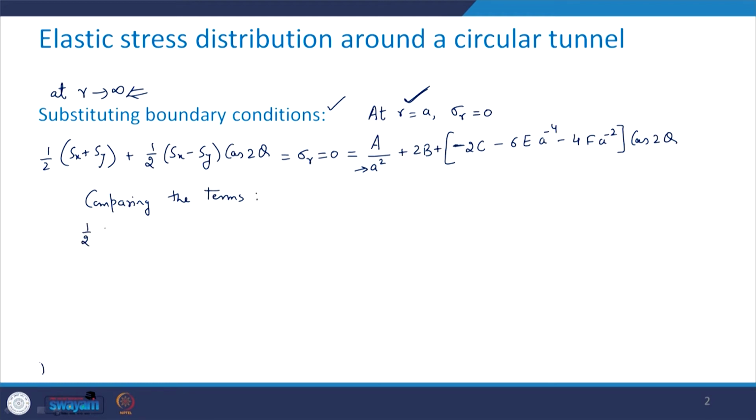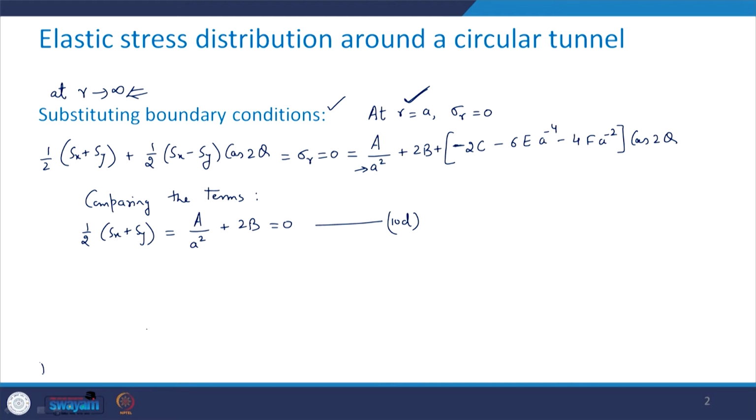What we will get is half Sx plus Sy would be equal to A upon small a square plus 2b, and this is going to be equal to 0. I write this equation as equation 10d.